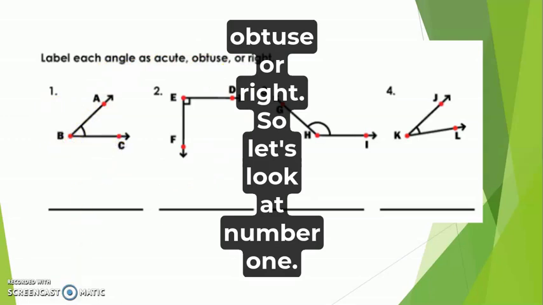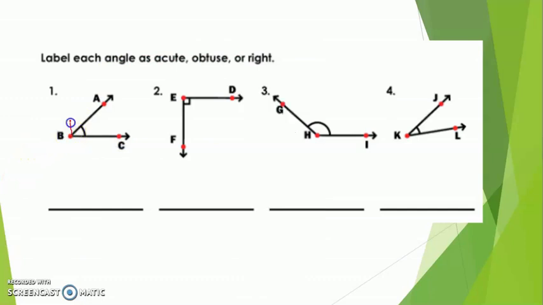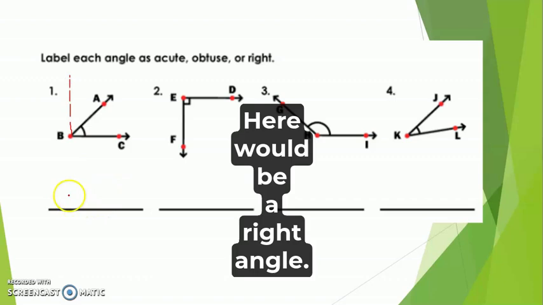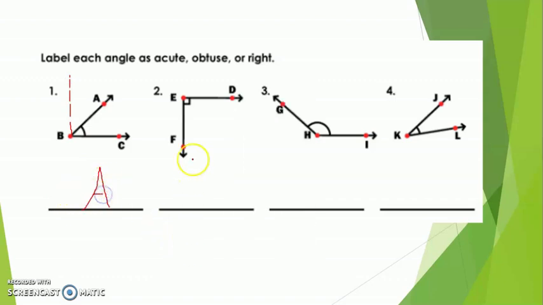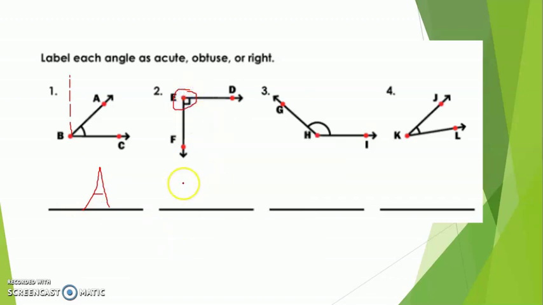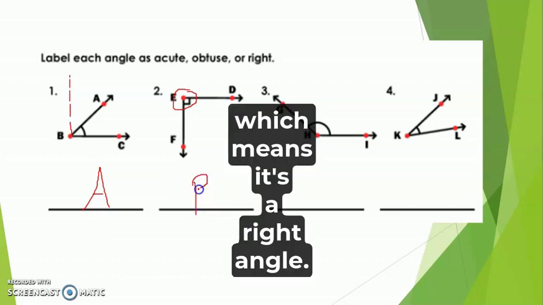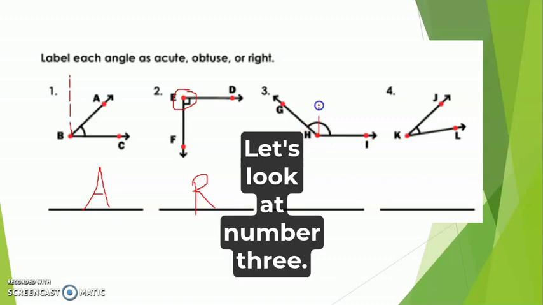Okay, so let's go ahead and label each of these as acute, obtuse, or right. So let's look at number 1. What do you think number 1 is? Yeah, so this one would be acute. Okay, number 2 has that square, which means it's a right angle. Let's look at number 3.